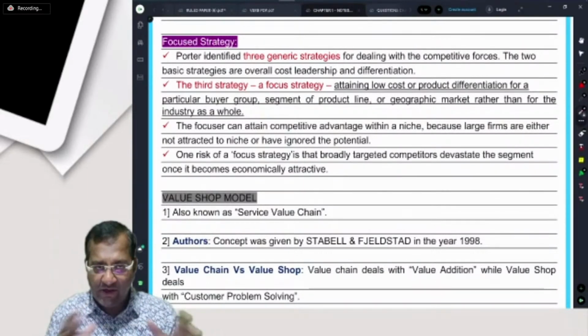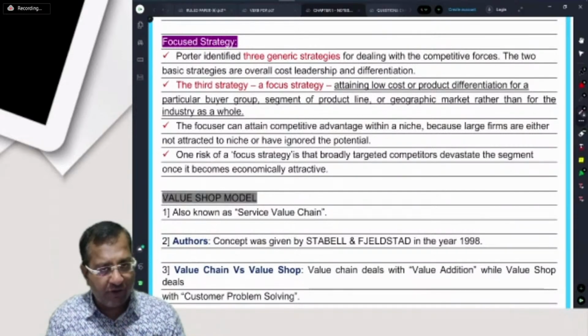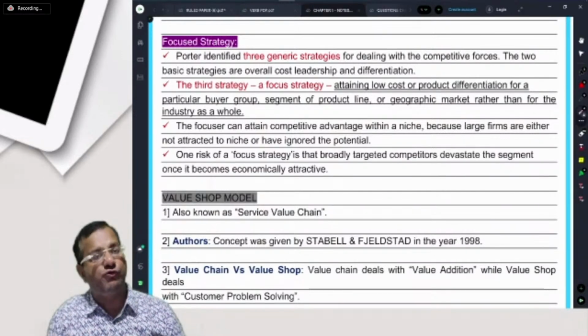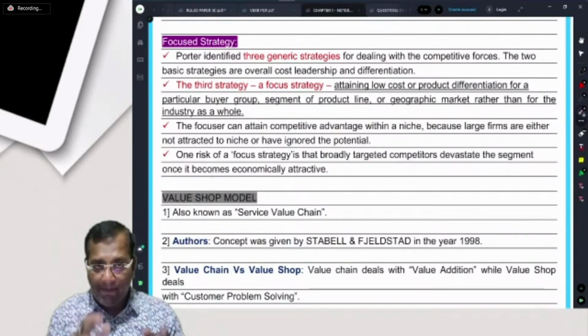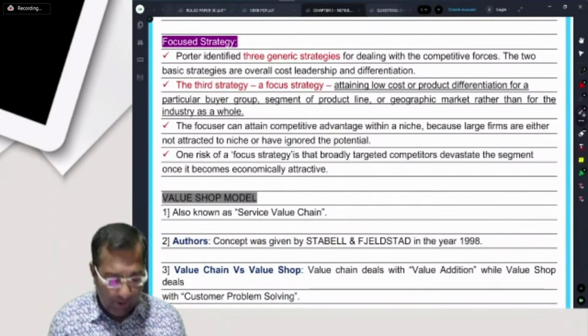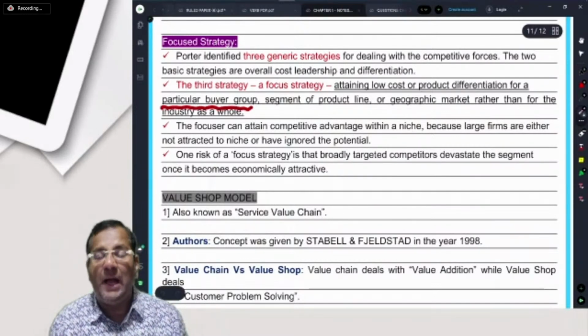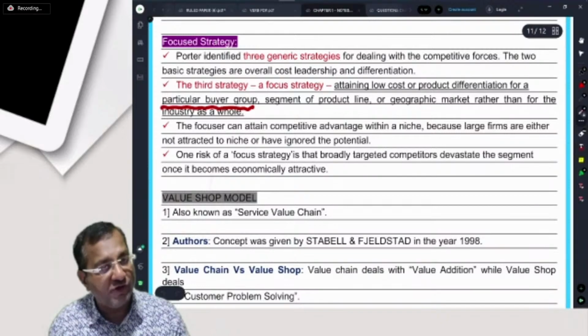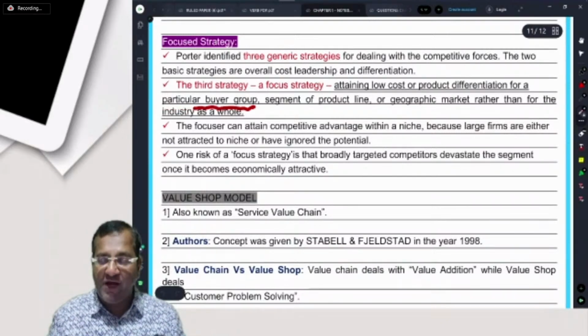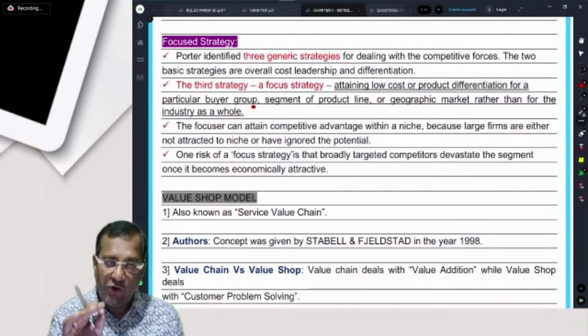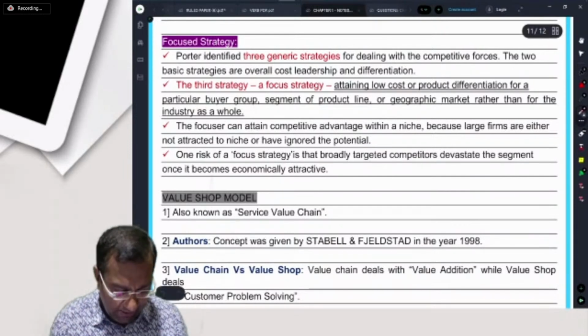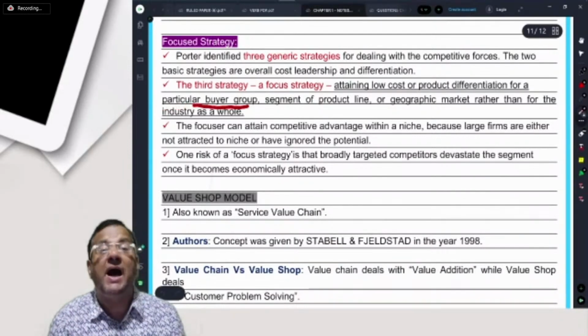So as an industry, numerous clients are there, numerous types of works are there for a chartered accountant. But if I, as a chartered accountant, confine myself to individual taxpayers only, then I am said to have a focused strategy. If I confine myself to work only and only for the corporate, then it is called a particular buyer group.